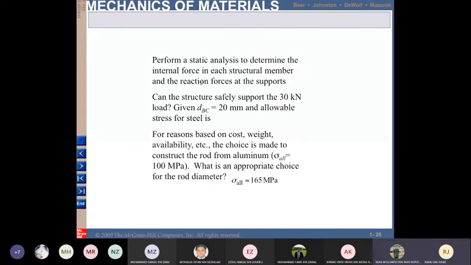This problem is actually the same problem that we have looked at in the previous example, the one that has rod and beam. This is 30 kilonewton load. This is rod. This is beam.